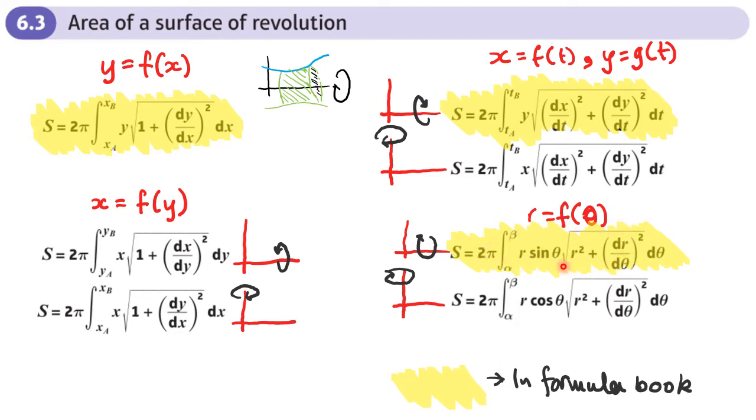This will give us a surface of revolution rotated around the x-axis, this one around the y-axis, but this one is not given in the formula book. But it's easy to derive because you can see the only thing that's different is sine becomes cos. So make sure you're aware of how to get these ones which are not in the formula book and how to derive those from the ones highlighted in yellow which are given in the formula book.